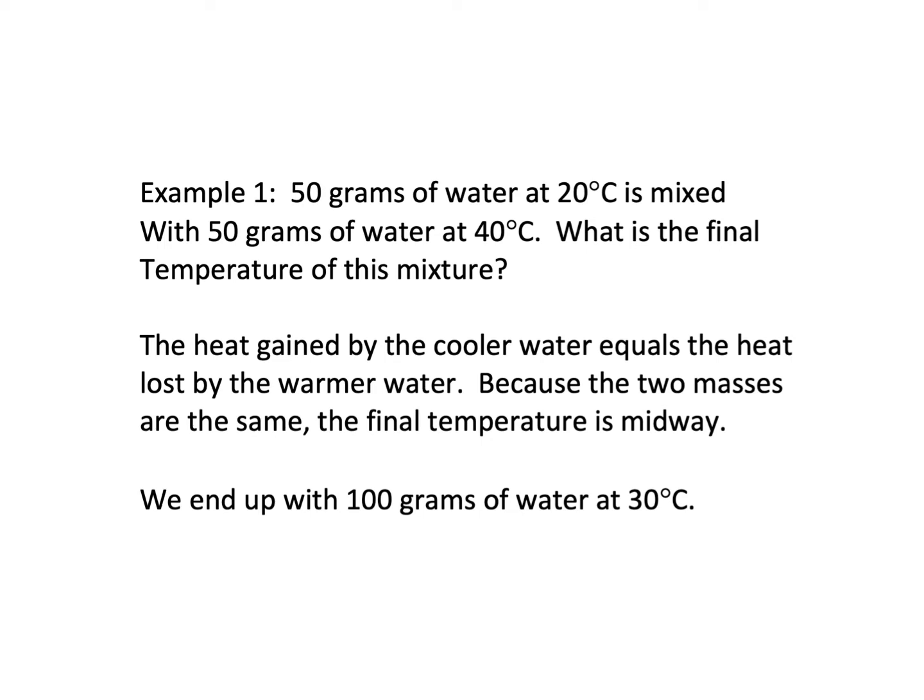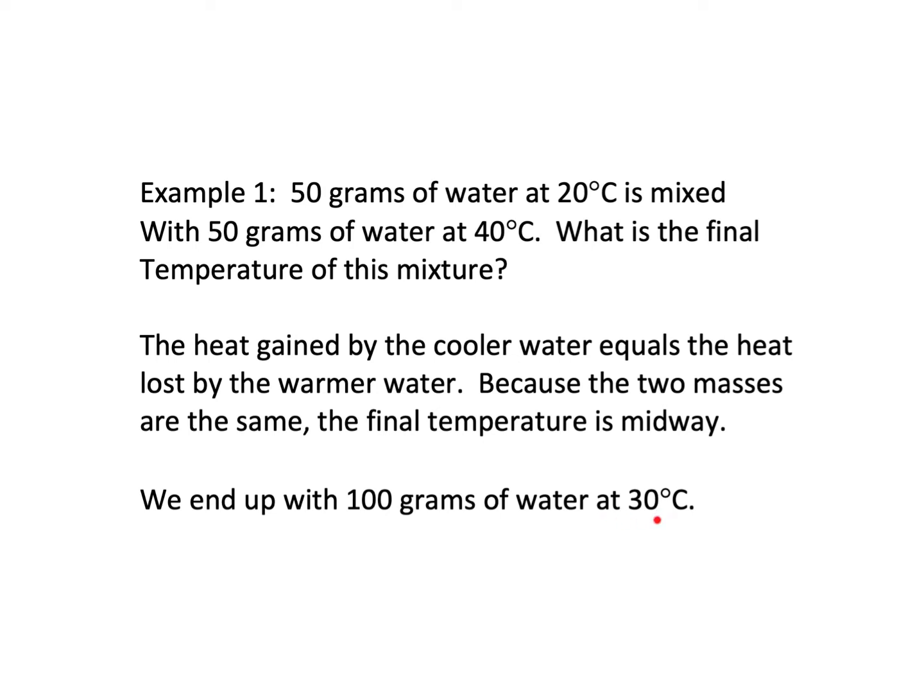And we know that by conservation of energy and the first law, the heat gained by the cooler water has to equal the heat lost by the warmer water. And because the two masses are the same, the final temperature is going to be right smack dab in the middle. So we'll have 100 total grams, 50 of each, added together at 30 degrees Celsius.